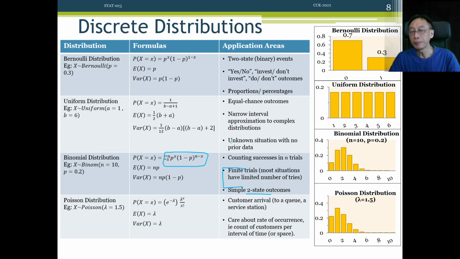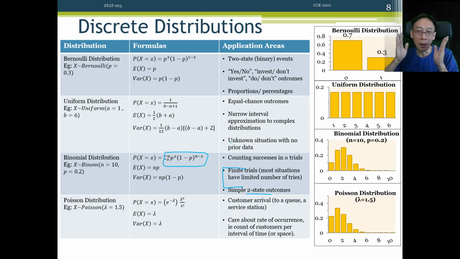For example, just now we were saying, should I buy or sell this stock, given the current state of affairs in the stock market? Now you're not asking, should I buy or sell, you're asking, if I invest now in this stock, will I get positive returns, because sometimes you lose money. That's two-stage: will I get returns or lose money? So that's Bernoulli.